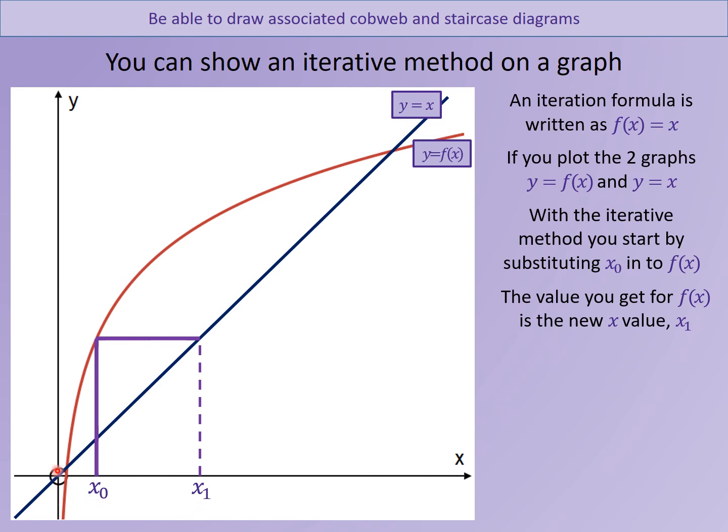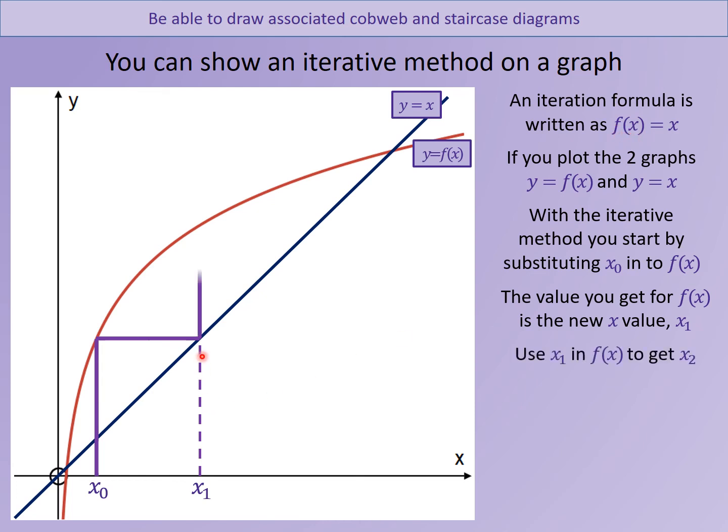Now notice it's going away from this root, but hopefully it's going to start targeting this root. I'm looking for it to get closer and closer to a certain value. Although it's not focusing on the nearest root, it will hopefully end up focusing on this one. So I get my x1, and now I repeat the process. I take my x1 and substitute it into the function again.